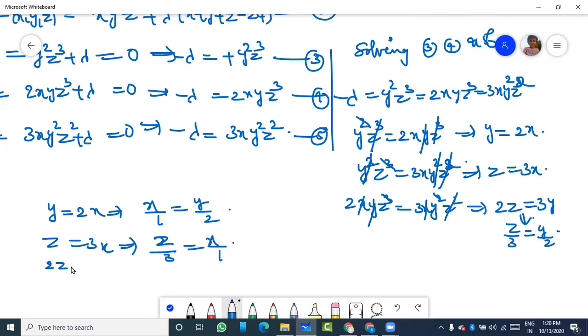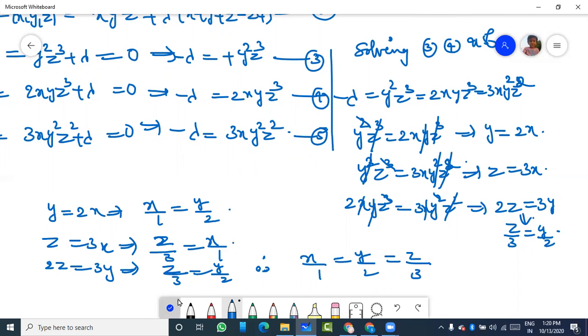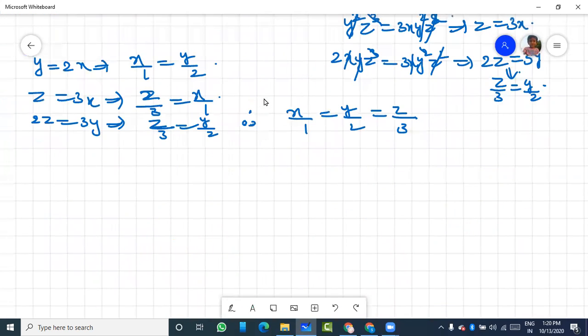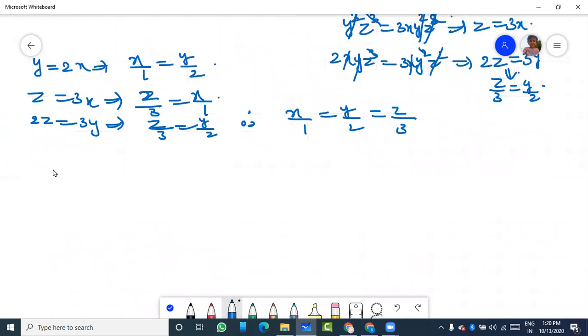From 2z equal to 3y, we can write z by 3 equal to y by 2. Therefore, x by 1 equal to y by 2 equal to z by 3. So, what are the variable values? x equal to 1, y equal to 2, z equal to 3.